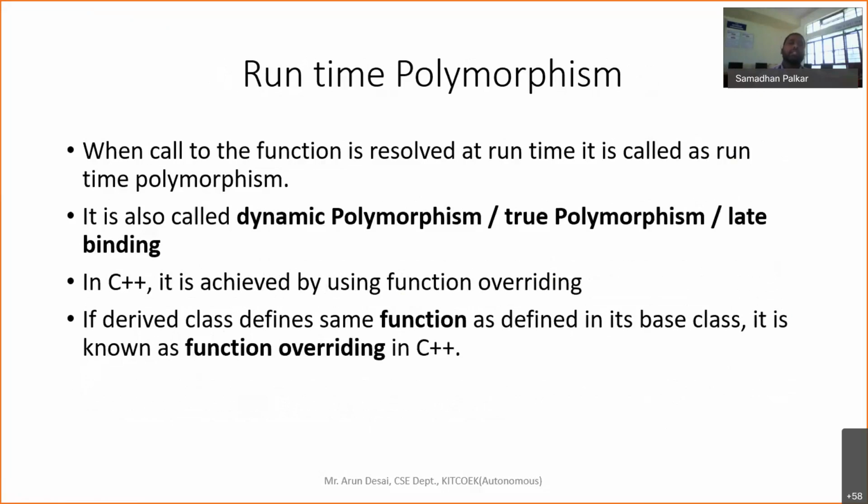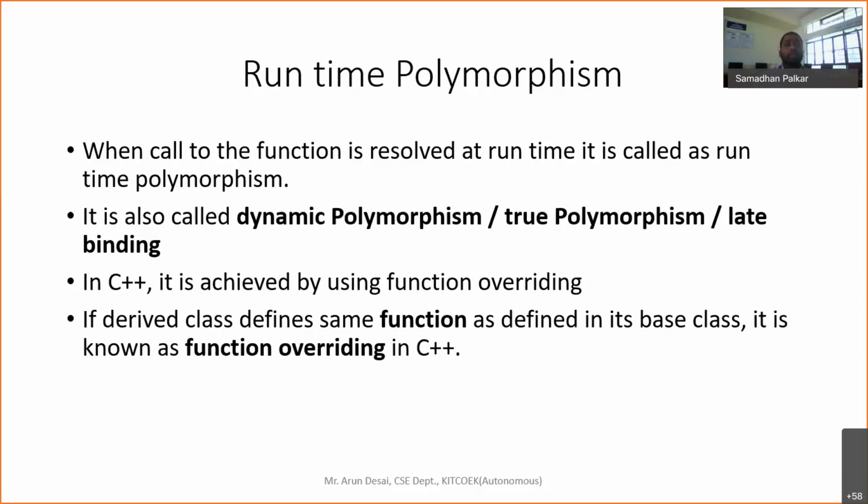You can call it dynamic polymorphism, true polymorphism, or late binding. How is this polymorphism achieved in C++? By function overriding, right? What is function overriding? That we'll see in detail in the next lecture.